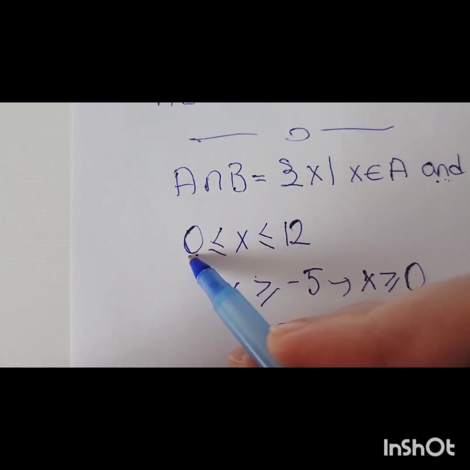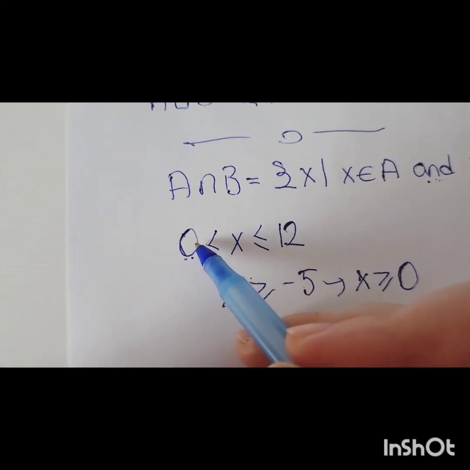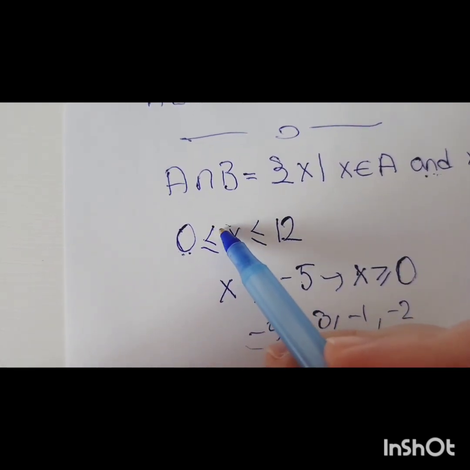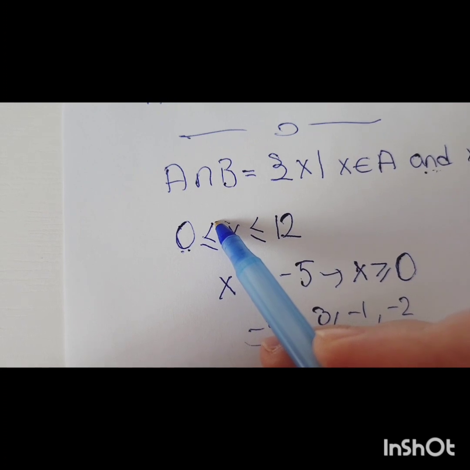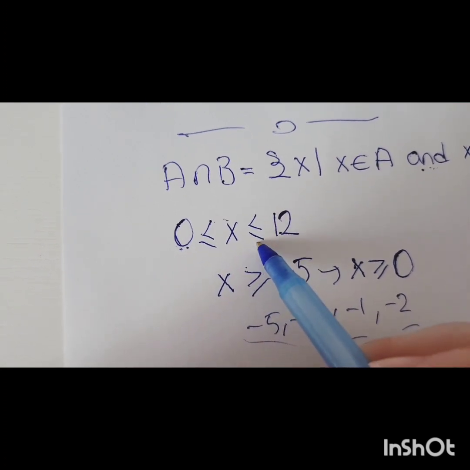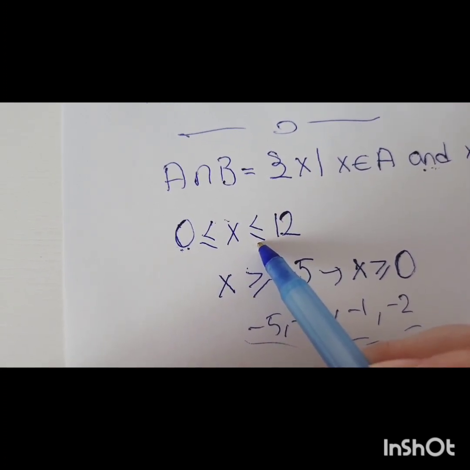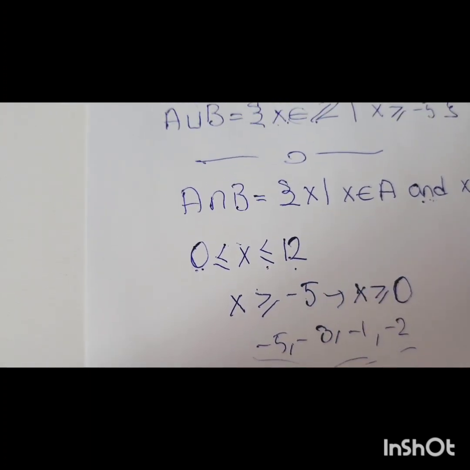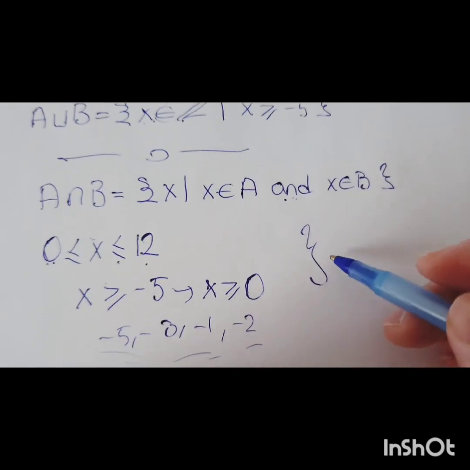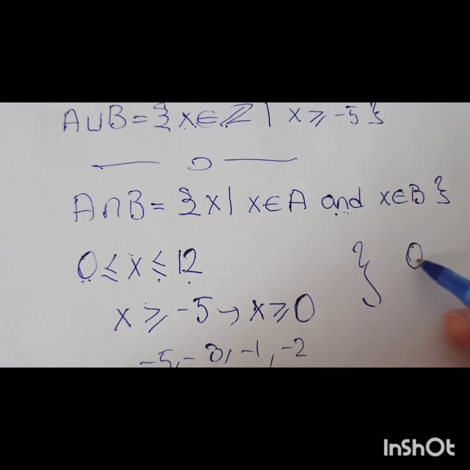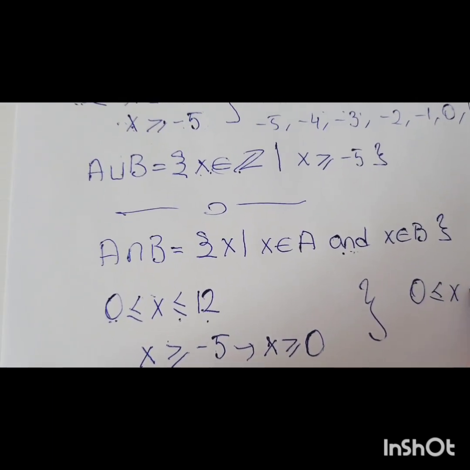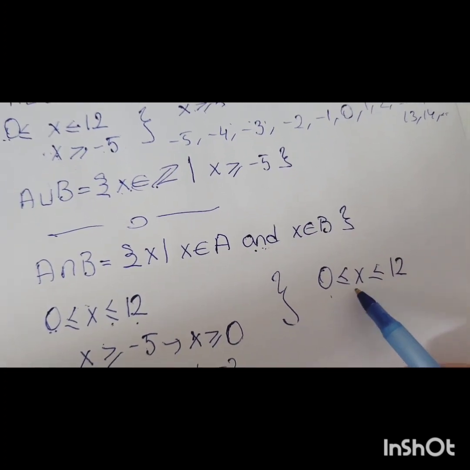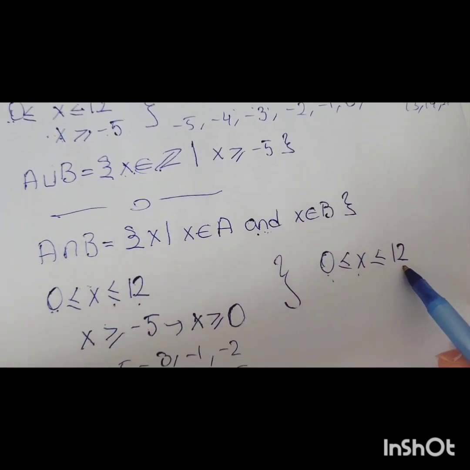X needs to be greater or equal than 0, and it also has to be less or equal than 12. So these two conditions turn into one: x needs to be between 0 and 12.